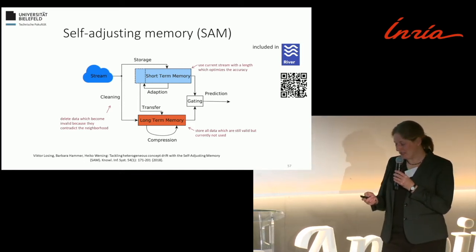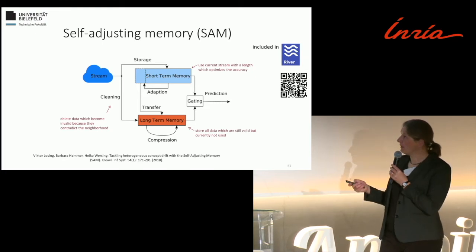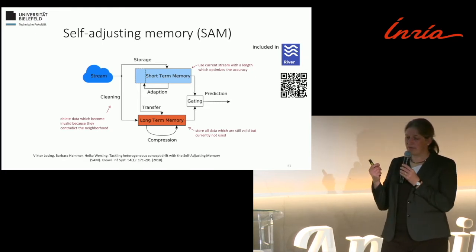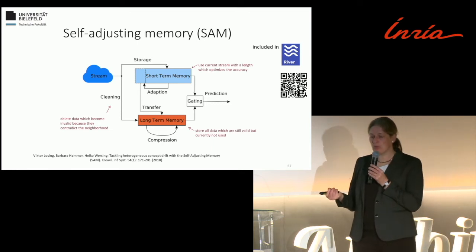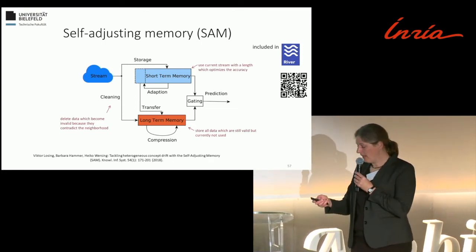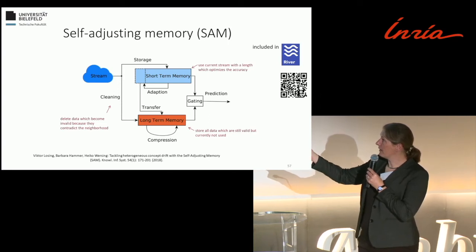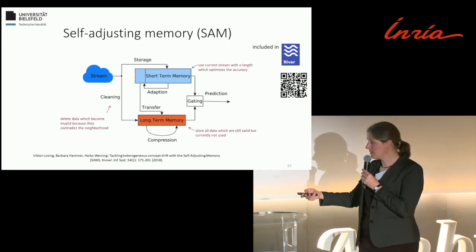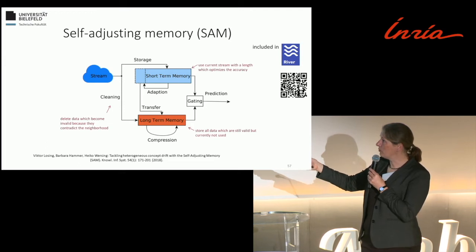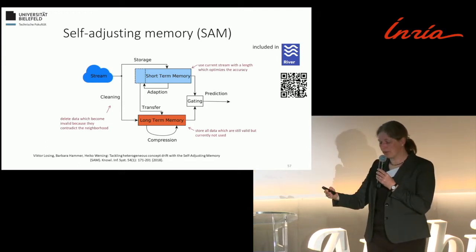This self-adjusting memory more or less is a non-parametric model, where we have come up with rules how to store and which data to store to build a non-parametric model based on that, whereby the storage happens in the form of a short-term memory relevant for the current setup and a long-term memory which stores everything which might be reused for the future.